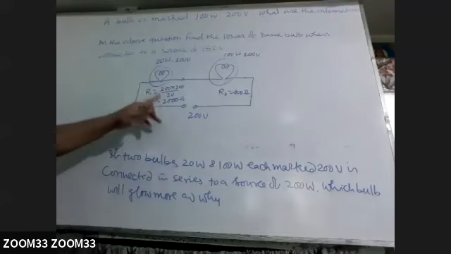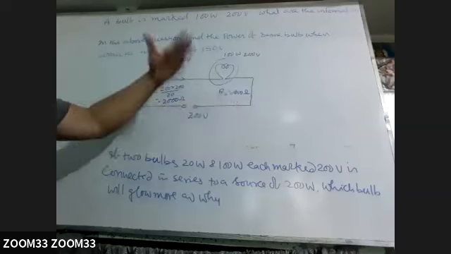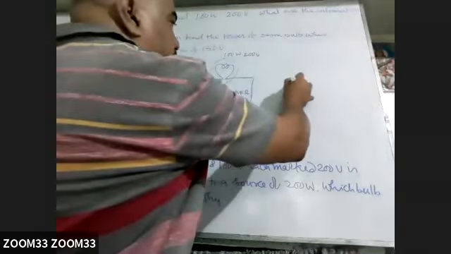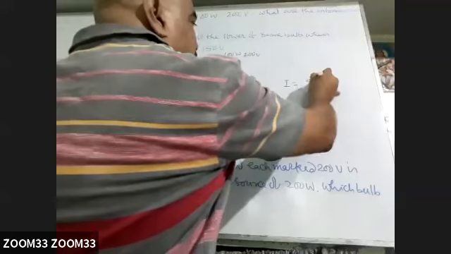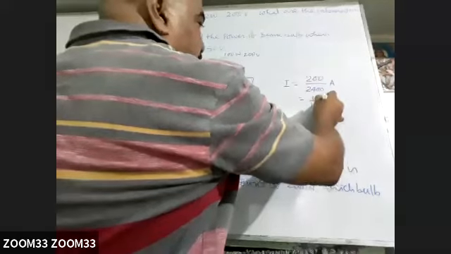As they are connected in series, current will be the same. So here power will be I square into 2000, and here I square into 400. If you are interested, you can find I also. What will be I? 200 V over total resistance 2400, so 1 by 12 ampere.